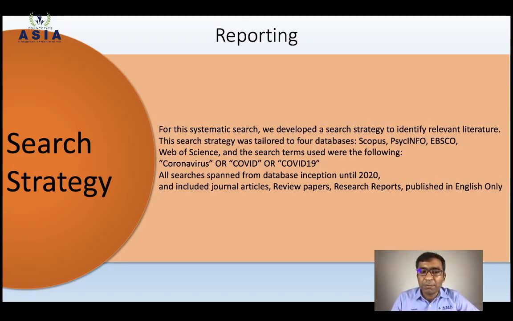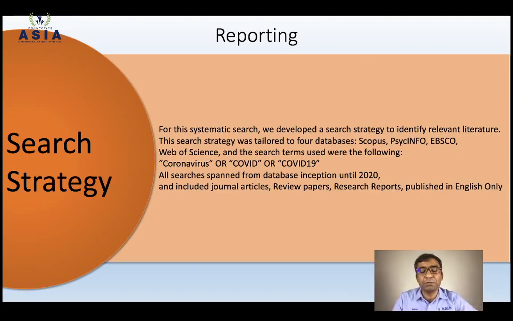The terms were the following: coronavirus or COVID or COVID-19. Those are your keywords, and you need to report them particularly here. All searches spanned from database inception until 2020. In that case, all records were included: journal articles, review papers, and research reports, published in English only.